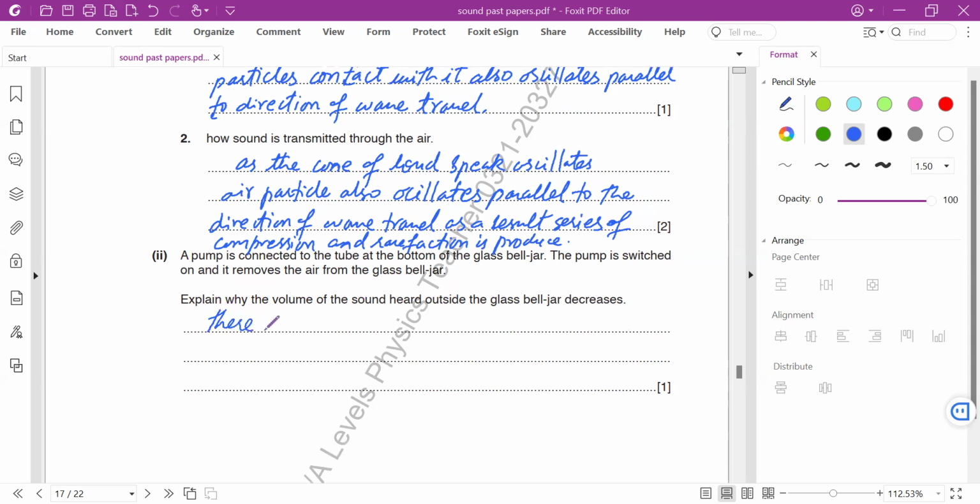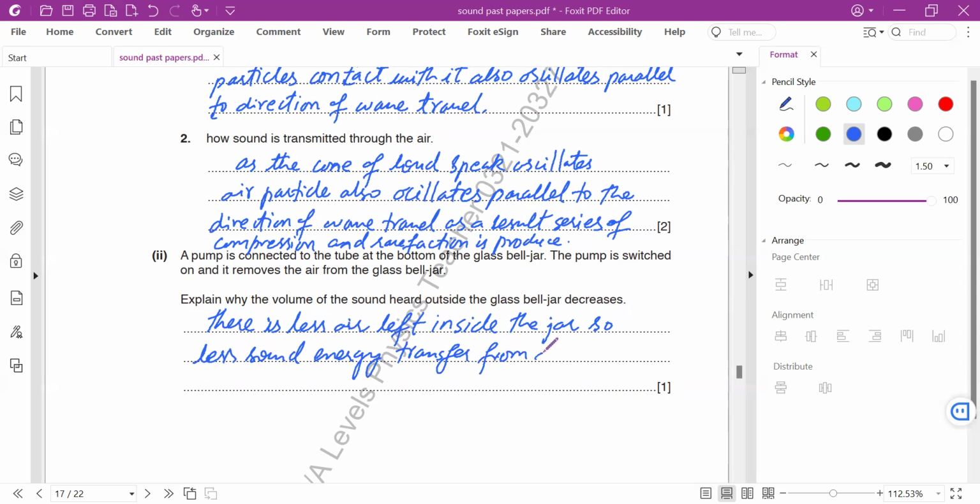There is less air left inside the jar, so less sound energy is transferred from one point to another.